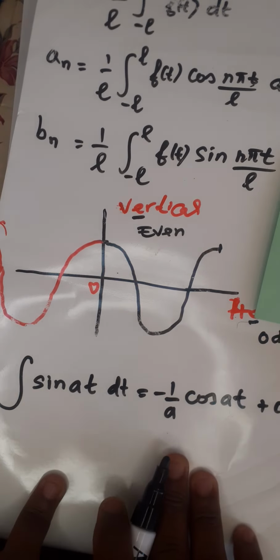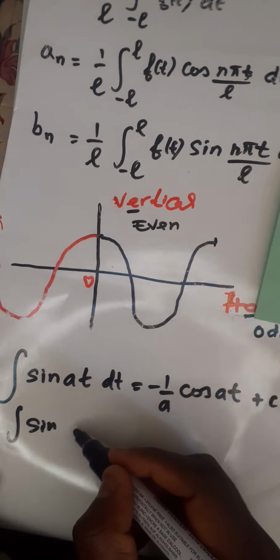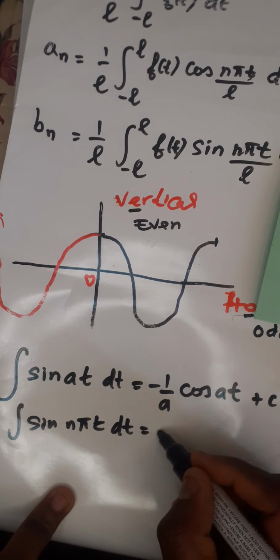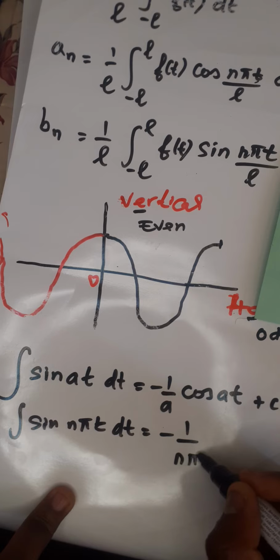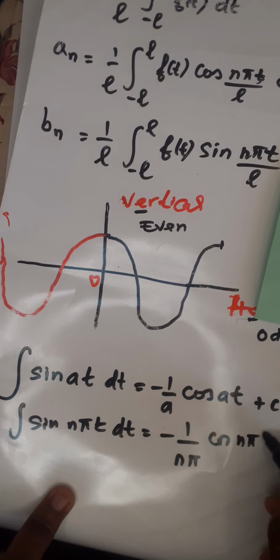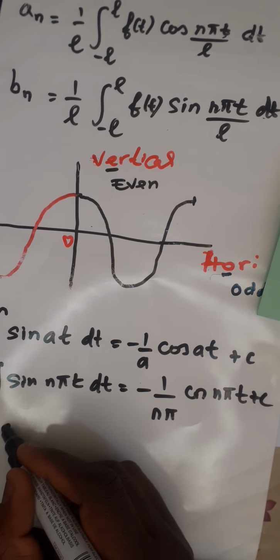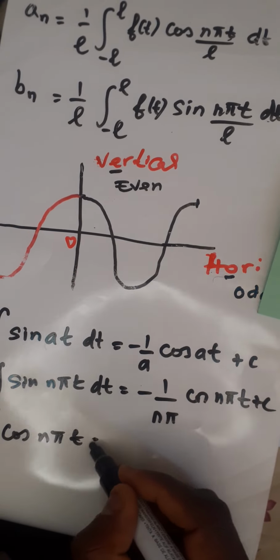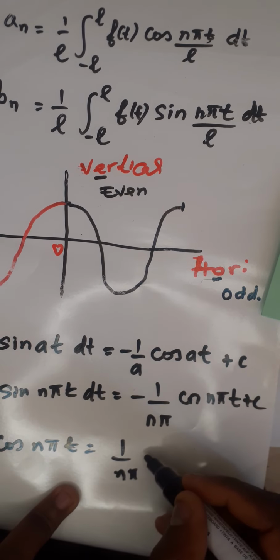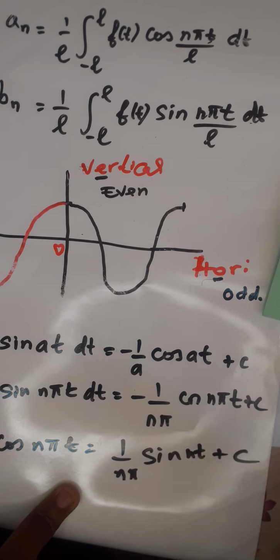I just want you to know that it becomes like that. So in case I'm having sine of n pi t dt, I'm going to get minus 1 over n pi, cos of n pi t plus c. And the integral of cos n pi t is going to give me a positive sign. Okay, I just wanted to show you this before we continue.